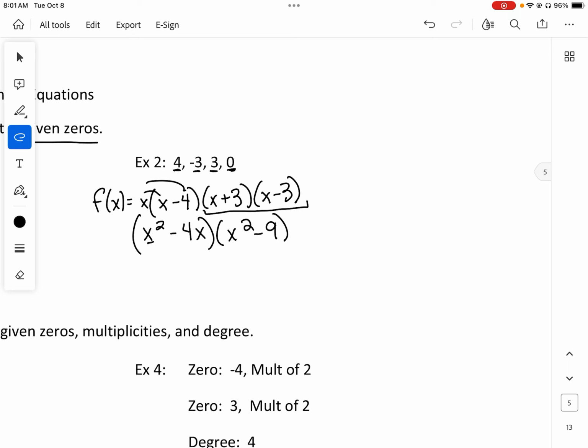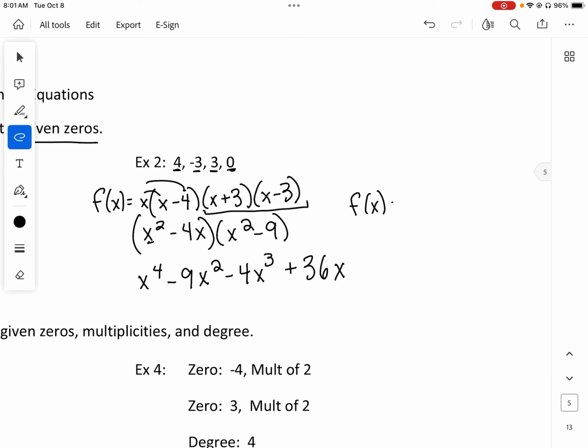And then x, do your FOIL, x squared times x squared is x to the 4th. And then we have x squared times a negative 9, negative 9x squared. Negative 4x times x squared is negative 4x cubed. Negative 4x times a negative 3 is a positive 36x. Okay, it does need to be in descending order.